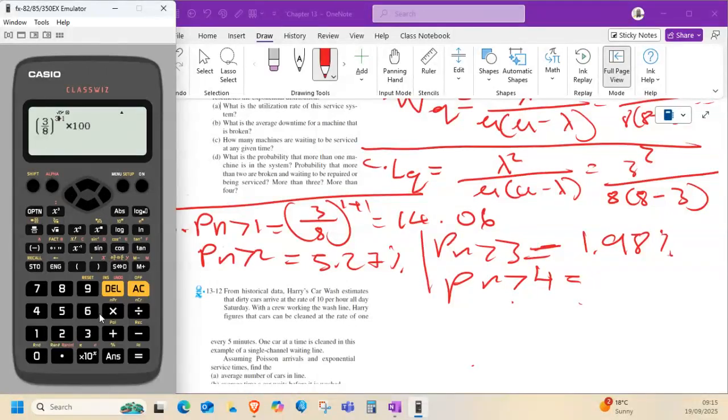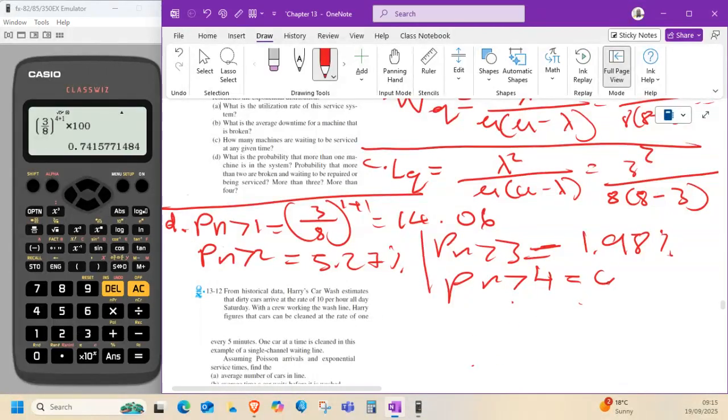So now I believe that people are able to see that we are given the statement 0.74. Okay.